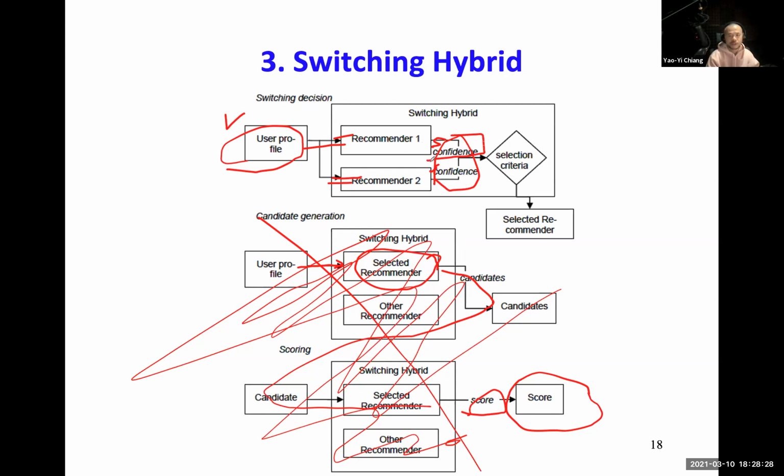It always generates scores and confidence if it generates confidence. Then you have some selection criteria and you pick the one that's the highest confidence, then you just use the score, okay? So again, this chart with many duplicate components here is just to help you organize different hybrid systems. So don't get confused.